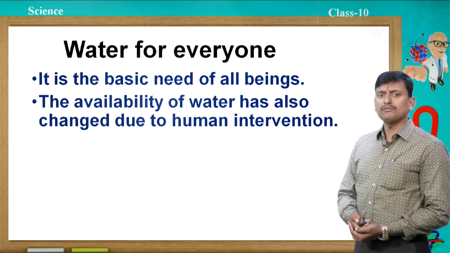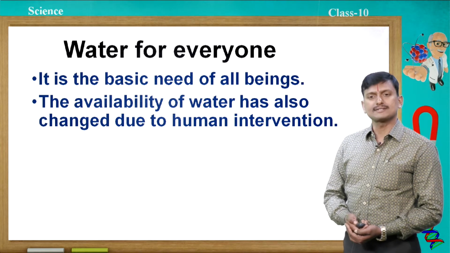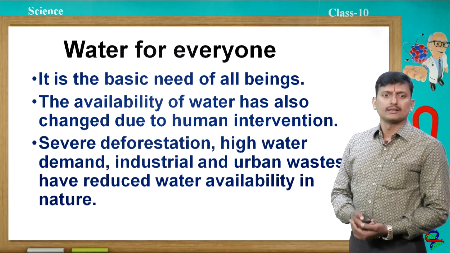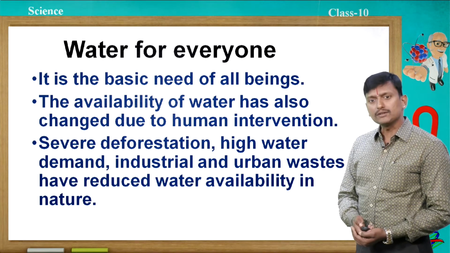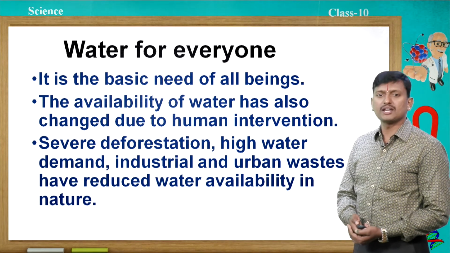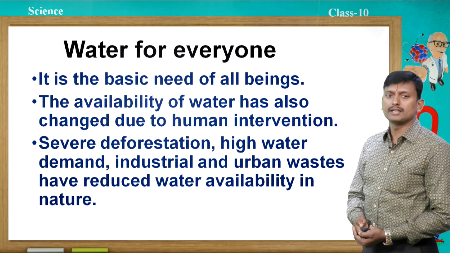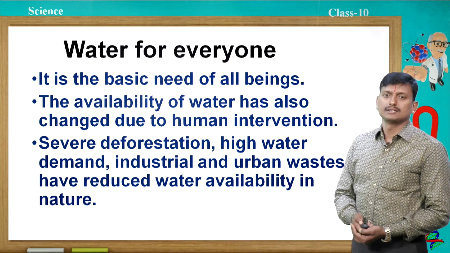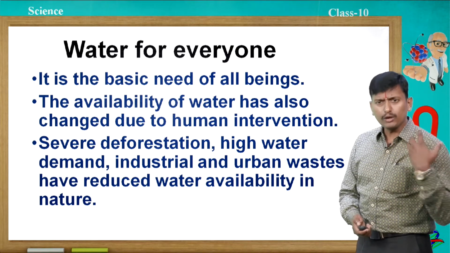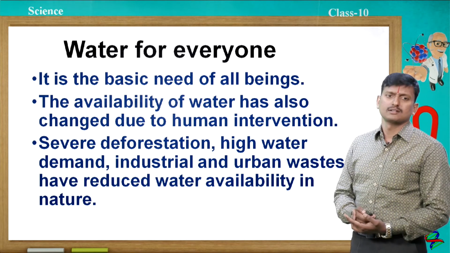I already told you that water is a basic need for all beings. The availability of water has also changed due to human intervention. Severe deforestation, high water demand, and industrial and urban wastes have reduced water availability in nature. Keep in mind, whatever is going into the environment, we are the cause of it.